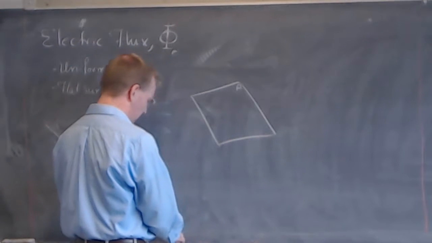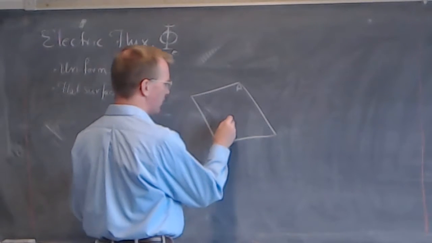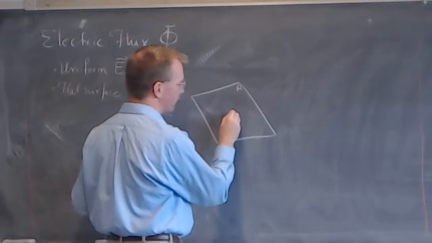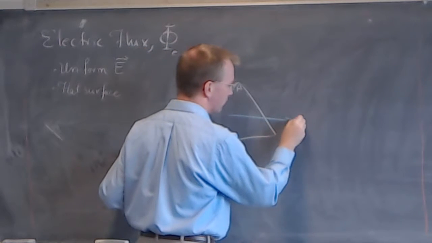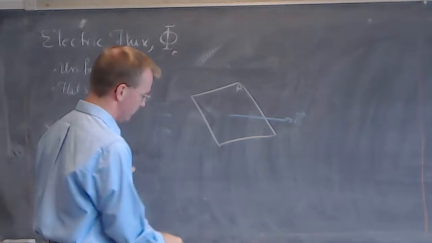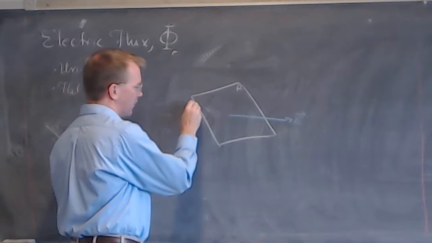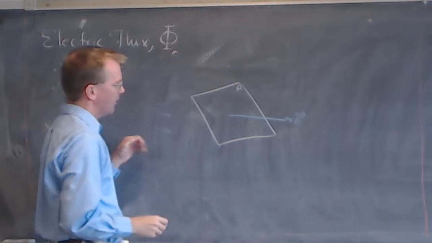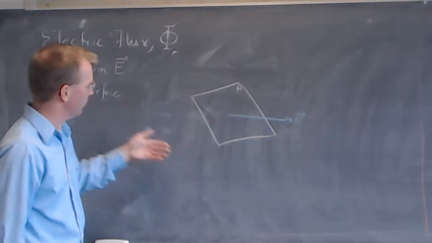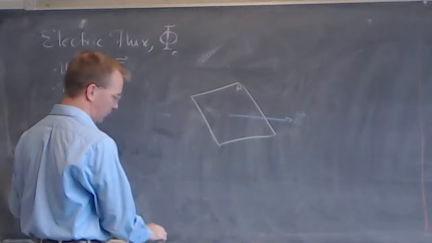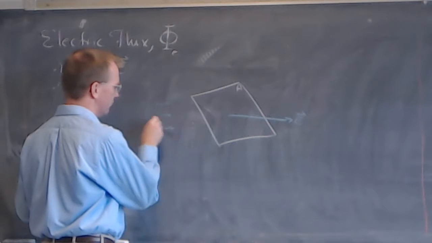Let's imagine that I'm just going to draw one of these lines here. There's E. If I draw a vertical line here, now that this electric field, I'm going to imagine, is horizontal.